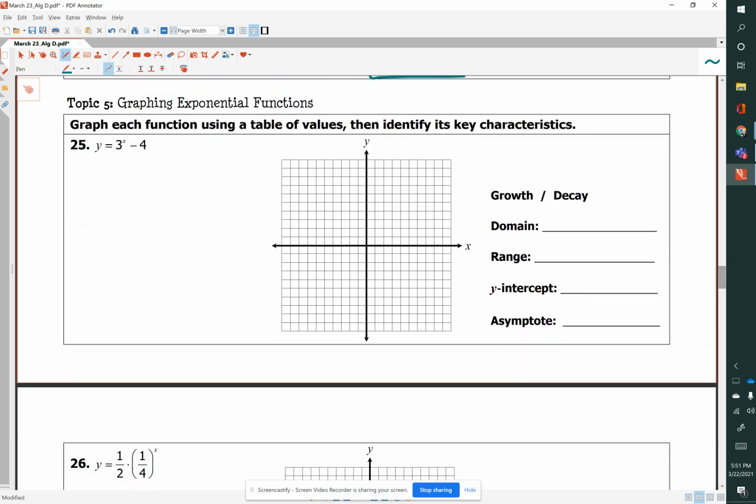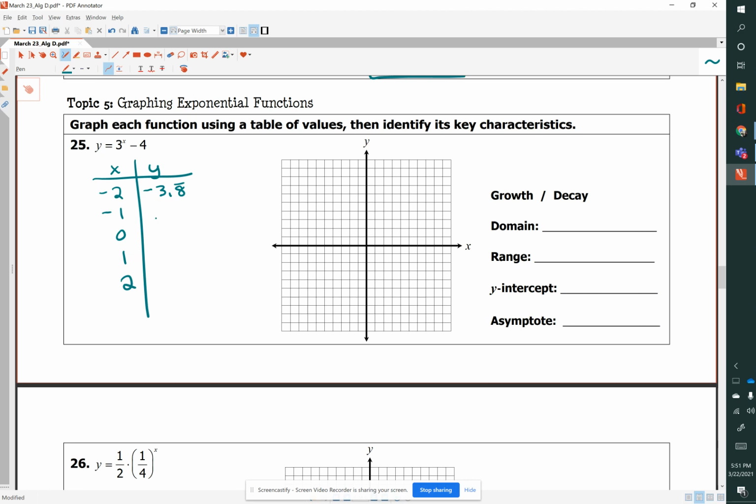Now we're going to graph some exponential functions. Remember to do our xy values. So I'm going to try -2, -1, 0, 1, and 2. And when x is -2, y is -3.8.